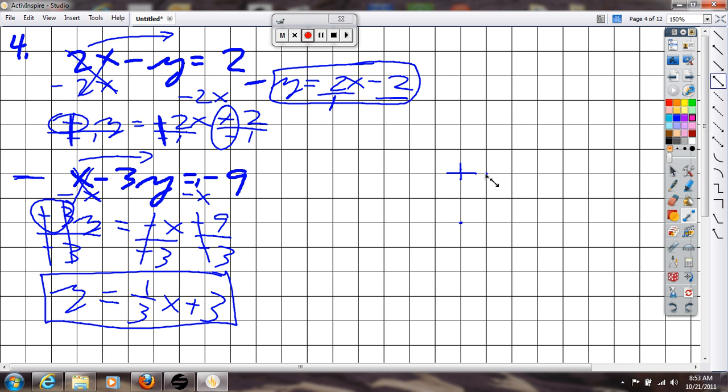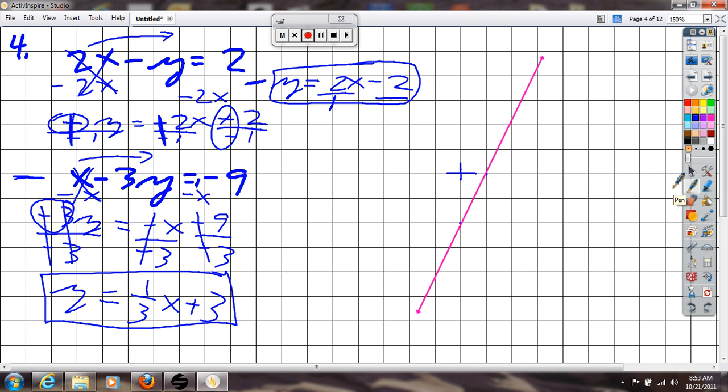So I will try again. It's there. And our line looks like this.